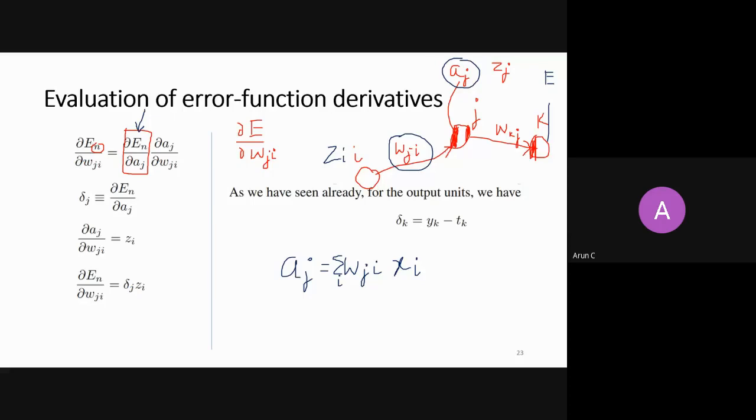We can easily represent it because after the first layer we are using Z anyway. Zi is nothing but the input of a layer. In general, if it is an input layer, then Zi is Xi. Otherwise, for example, this neural network may have many layers.